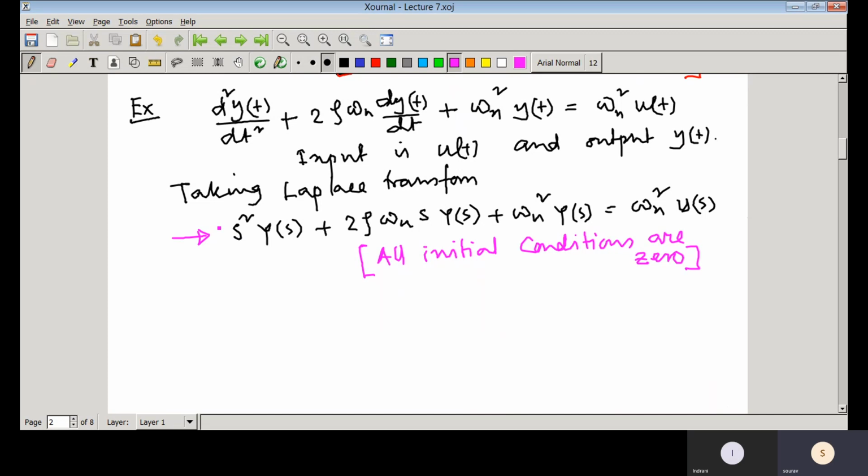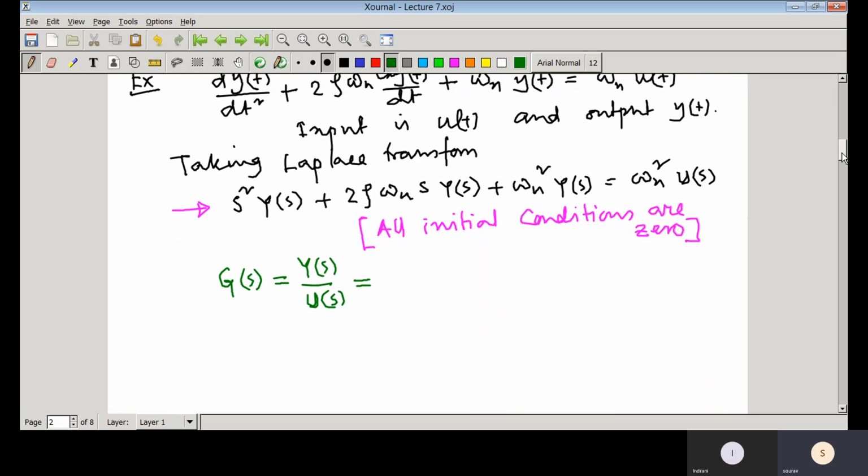That is actually the advantage of the Laplace transform, already discussed. So now you can represent the output Y(s) by U(s) in that particular form. If you take common from here, Y(s) by U(s) becomes omega n squared divided by s squared plus twice zeta omega n s plus omega n squared.